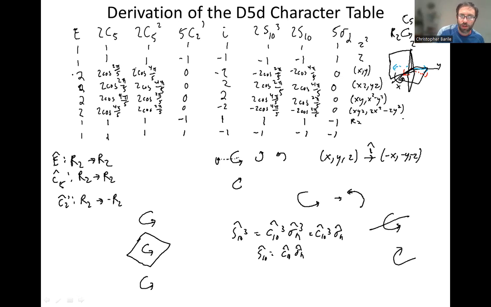But now we go and put in our Mulliken symbols, and we use an A or B if we have a dimensionality of 1. That's our Mulliken symbol rules. I have a video on that. And we use an A for symmetric with the principal rotation axis, which of course is C5. And if we're antisymmetric, that means if we have a -1, we use a B. Well, this is going to be an A because we're 1 and 1, A because we're 1 and 1, A because we're 1 and 1, and A. No B's in this one.